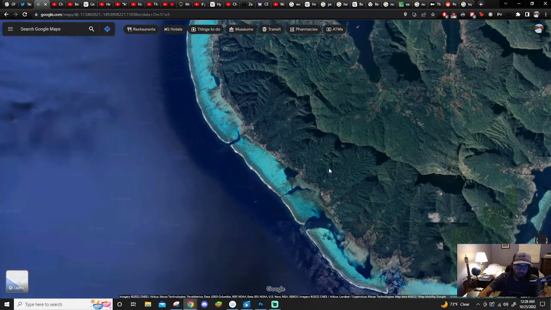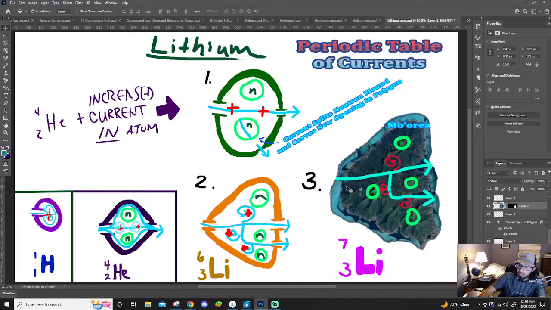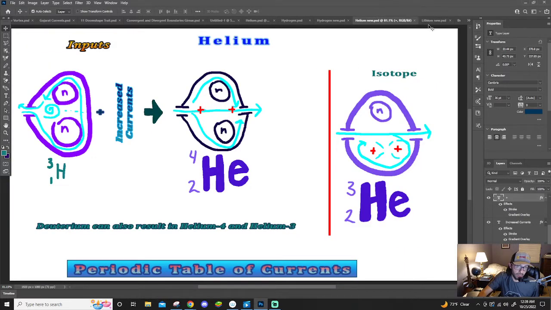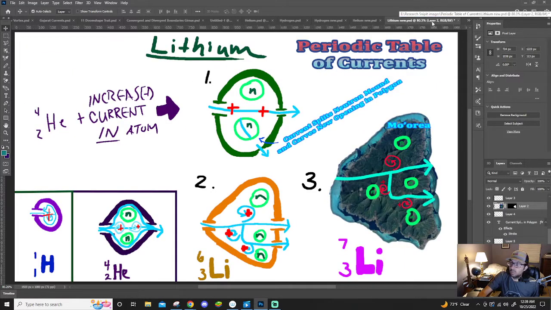Okay, I don't want to get too distracted on things that are not just straight up chemistry. But there's lithium-6 from there, and lithium-7, so that is 3 elements where currents can generally explain them pretty significantly.